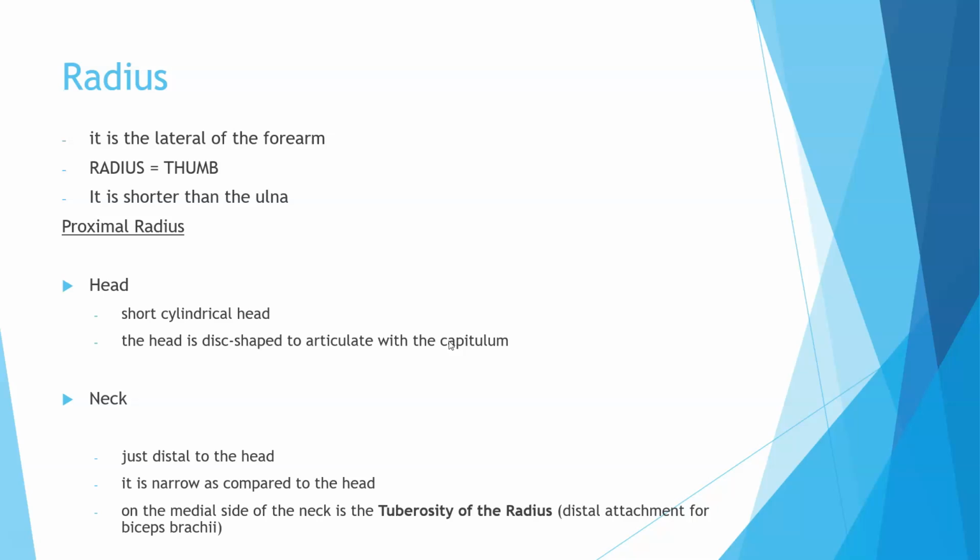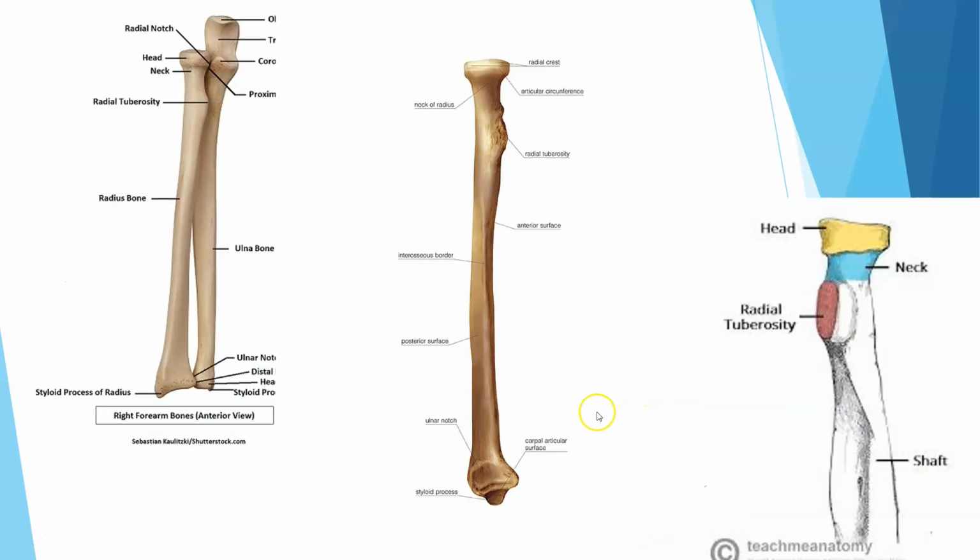The neck is narrow compared to the head, and on the medial side of the neck is where we find the tuberosity of the radius, which we talked about last week, because the tuberosity of the radius is the distal attachment for biceps brachii that we can see right here. We can see it quite well here as well.